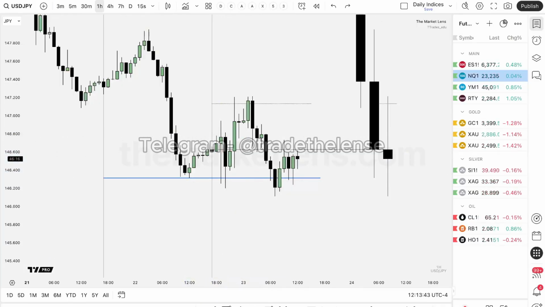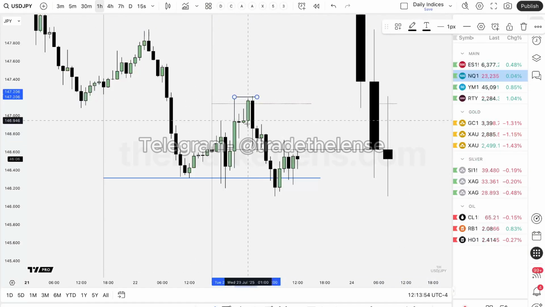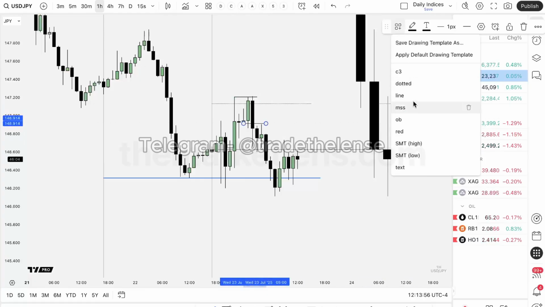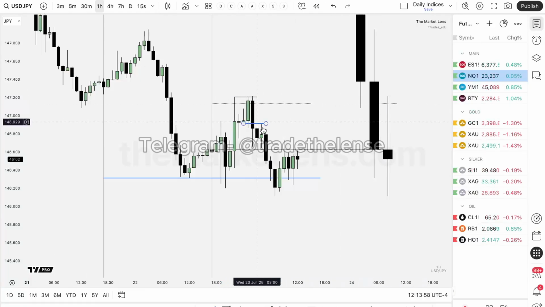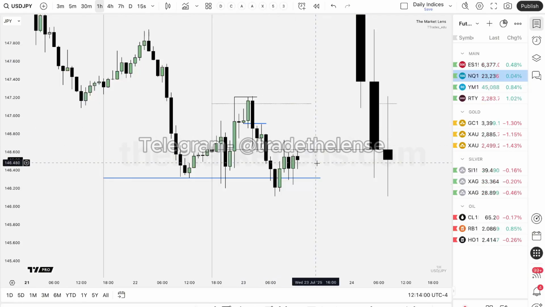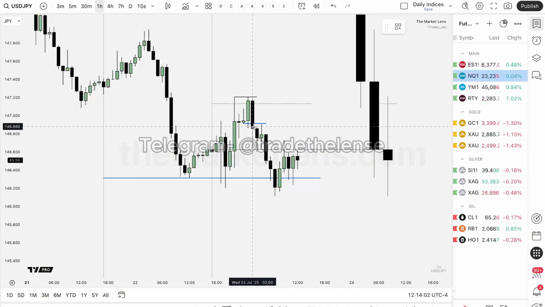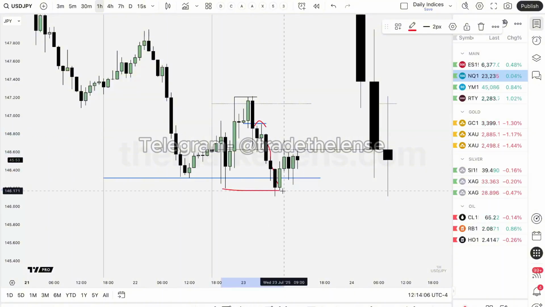Did you long or short? You did short. Okay, cool. So main thing here, is that a little shallow sweep? Yeah, it is. Cool. Shallow sweep, CISD, and then I'd expect this to be the high of the day, right? And then at 4 a.m., we have a swing point that you could short off of. 1, 2, 3. Once again, why am I not a fan of this short?